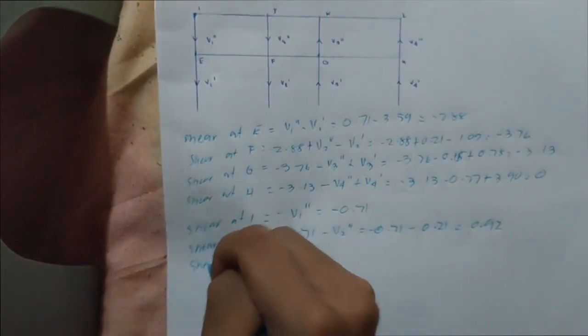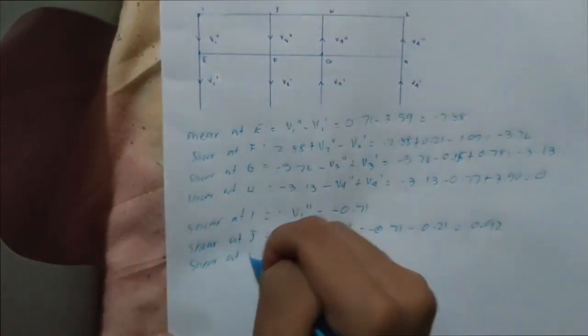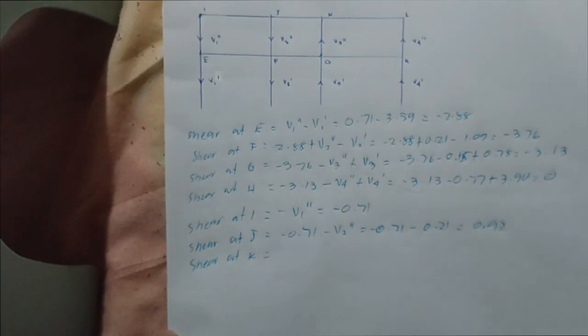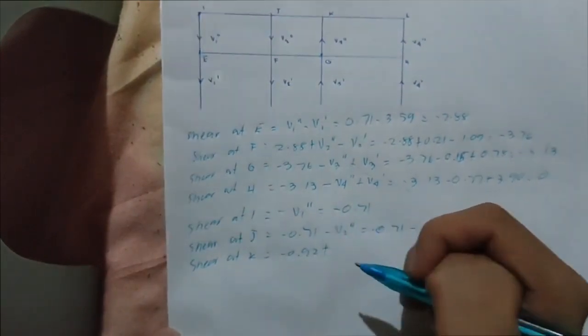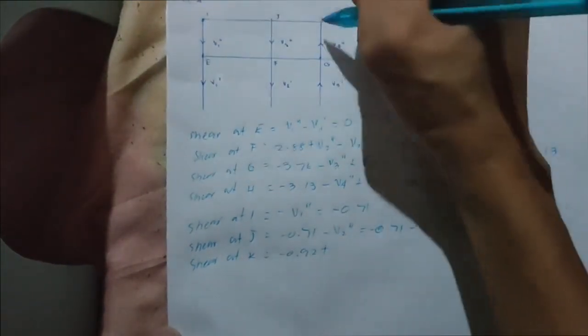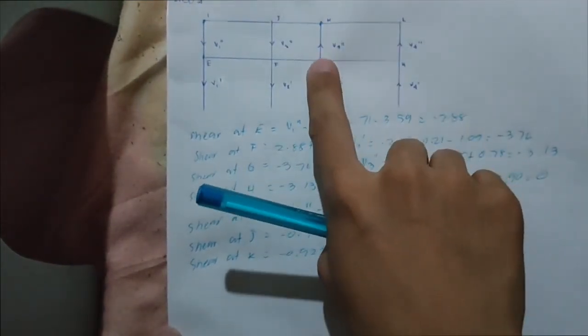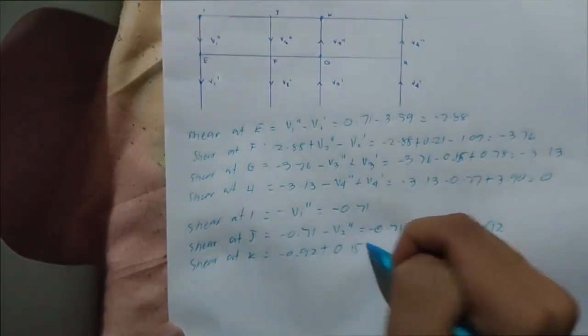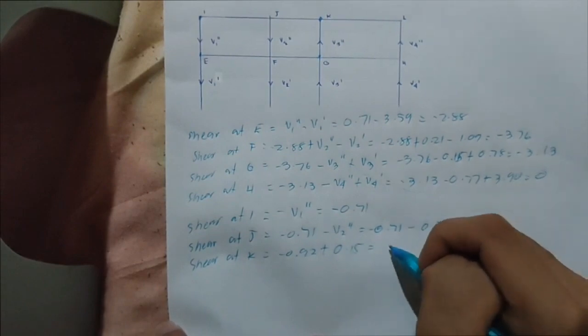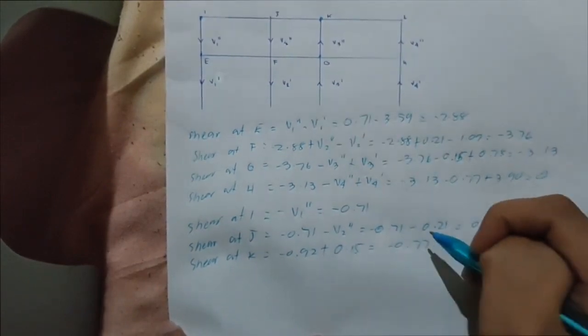So shear at K, same process. It is positive here, because the arrow from V3 second floor is going towards the point, so 0.15, which is equal to negative 0.77.